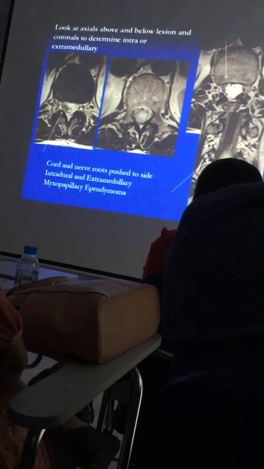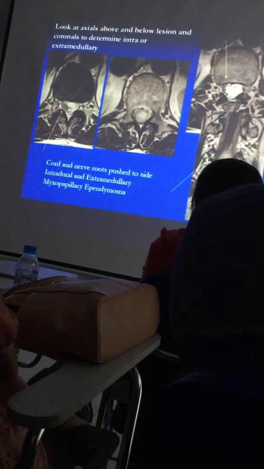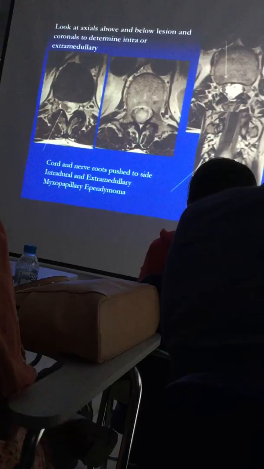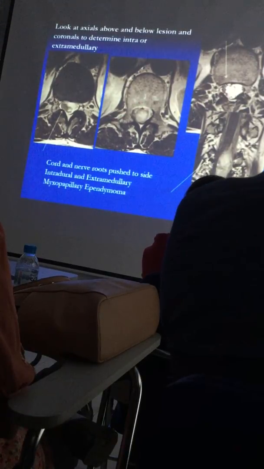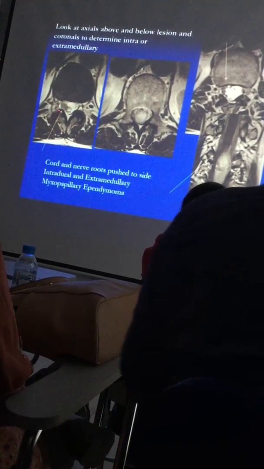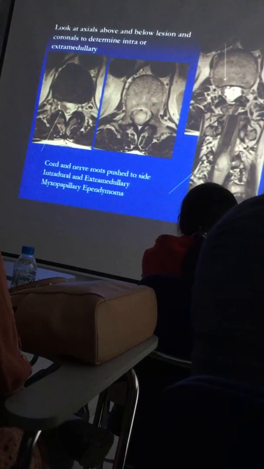Okay, so this patient, we look at this, this is the middle. This is the lumbosacral junction. Sorry, the thoracolumbar junction. We can see there's something there. Hard to know what that is. But I always say you should look above and below the lesion to work out where the lesion is. If you look above the lesion, here's the cord here. It's being pushed to one side. It's not being expanded.